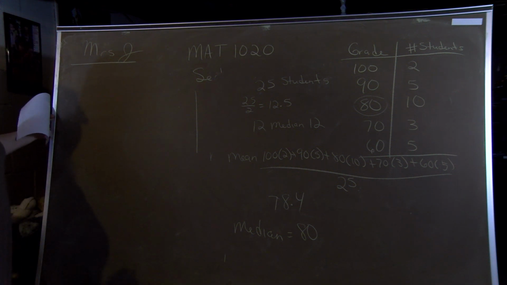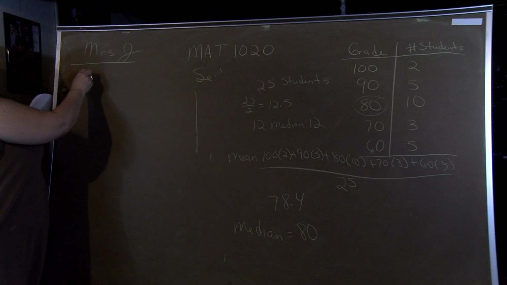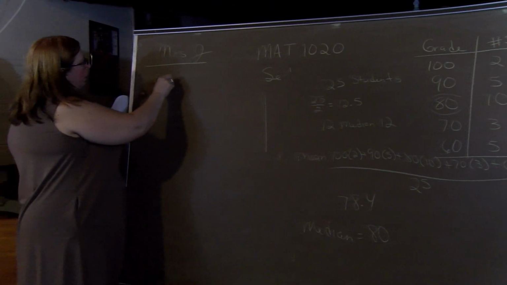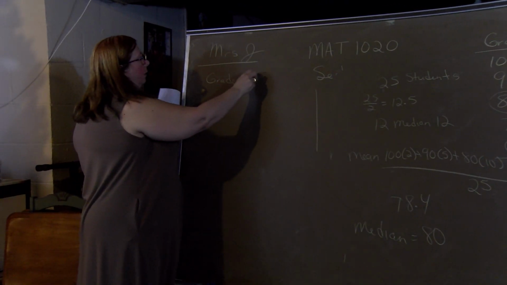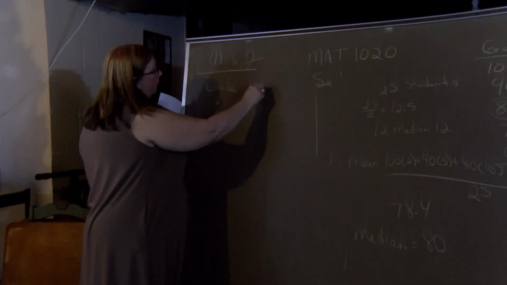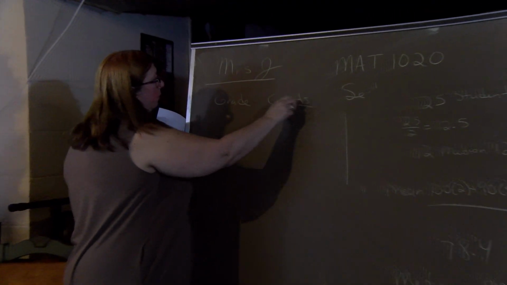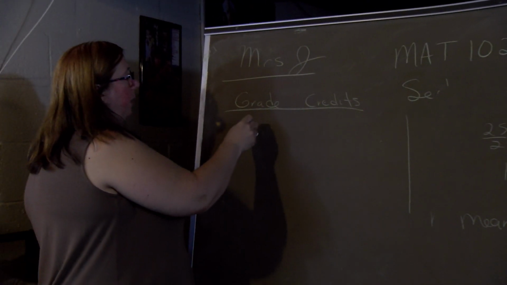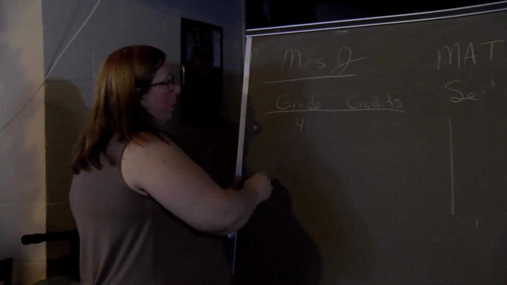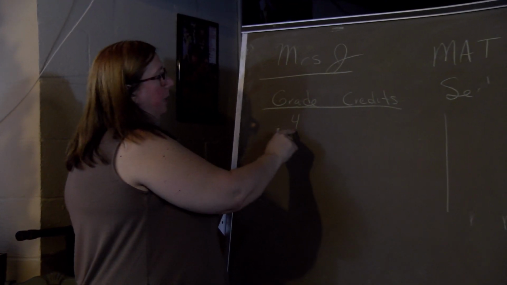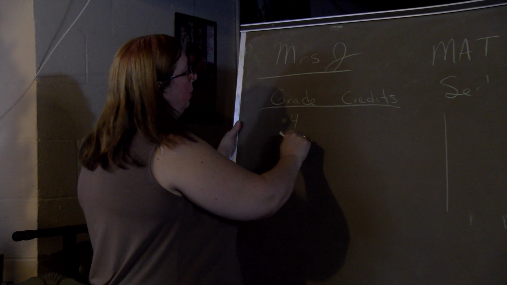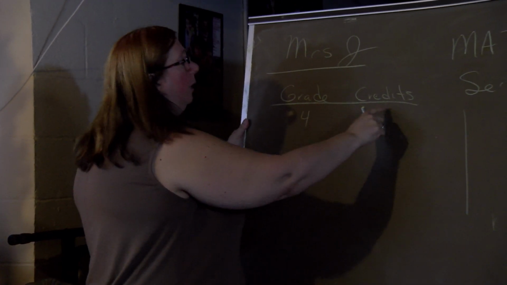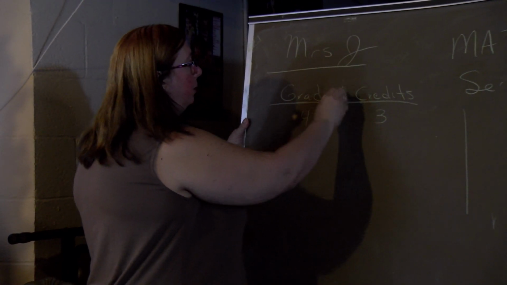This is used a lot for your grade point average. Because if you have an A, it would be 4. And say in your math class, you got an A, which would be 4, and maybe it's worth 3 credits.